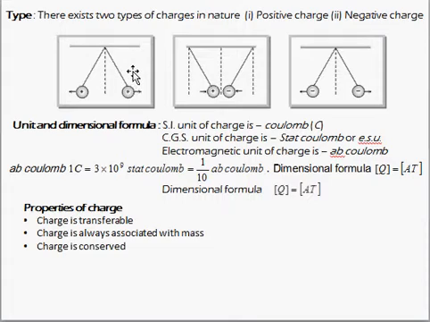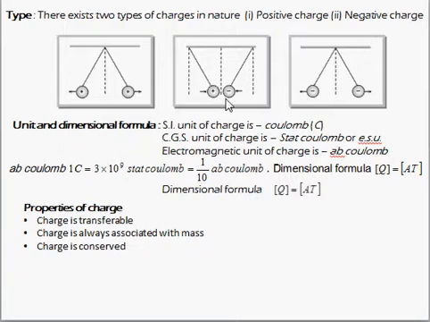Now there are basically two types of charges. One is the positive charge and the other is the negative charge. An object becomes positively charged if it has lost electrons, and a body becomes negatively charged if it has gained electrons.